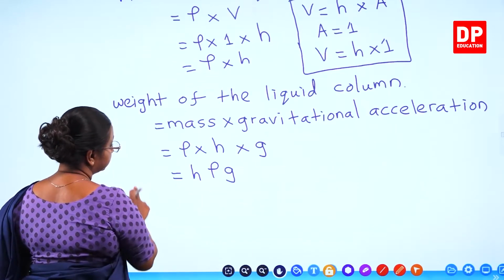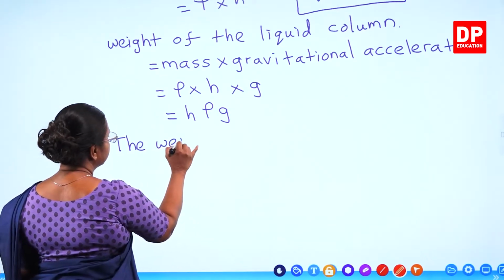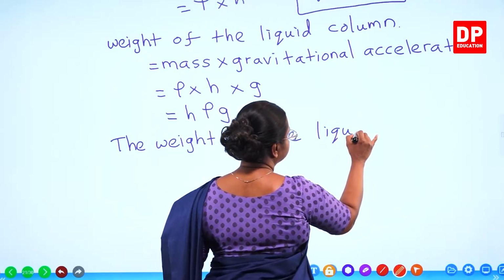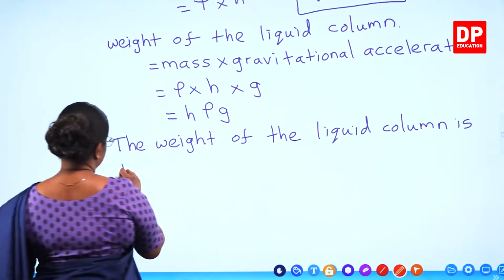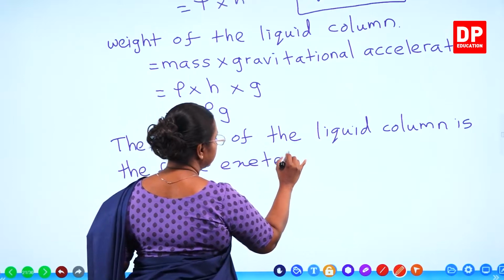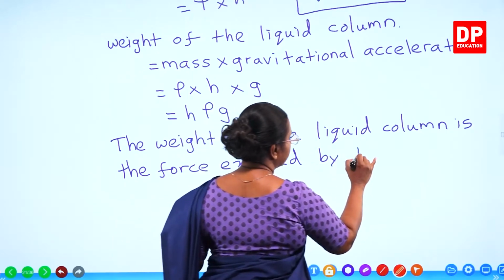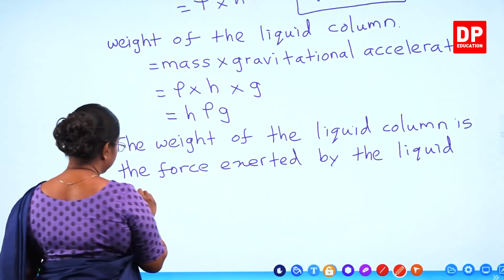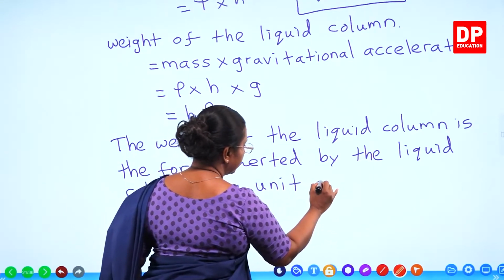So, here we can say the weight of the liquid column is the force exerted by the liquid column on a unit area.